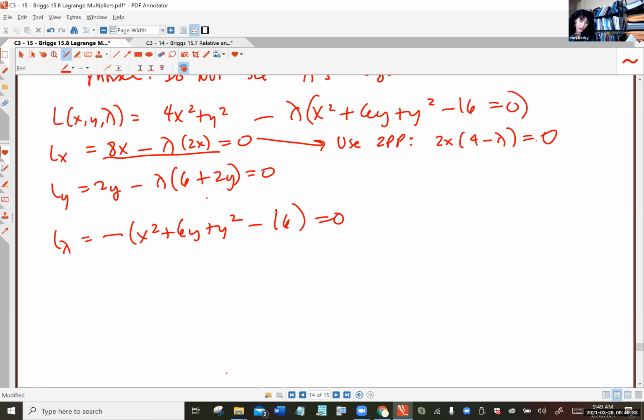And I get 2x times the quantity (4 minus lambda) equals 0. Now what? Apply the ZPP. You've got something times something equals 0. The first something has to equal 0, or the second factor equals 0. So we're saying x equals 0, or lambda is equal to 4. Or maybe they're both true, but it doesn't matter.